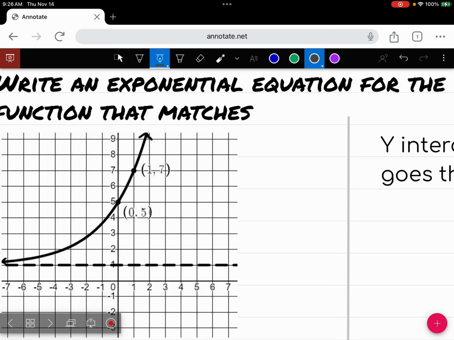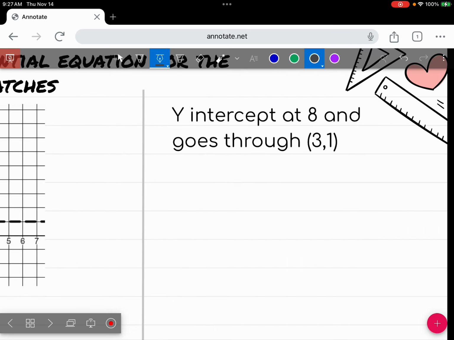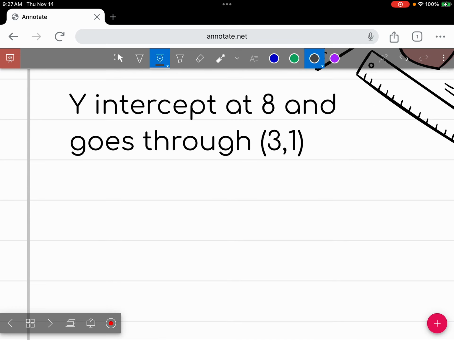So honestly, I want to start with the right one because it works. It's a little bit easier to think through, I think. So the y-intercept is at 8 and it goes through the point (3, 1). So this is using kind of our most basic form of the exponential functions that we started with yesterday, y equals a times b to the x, just because the left one has a k plus on the end.